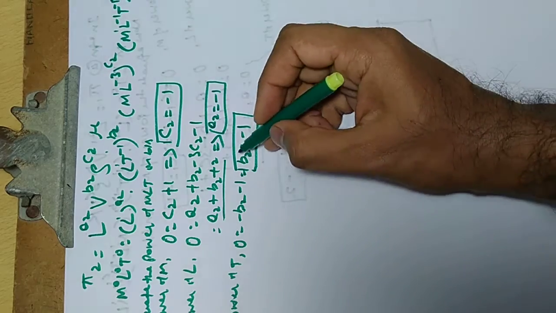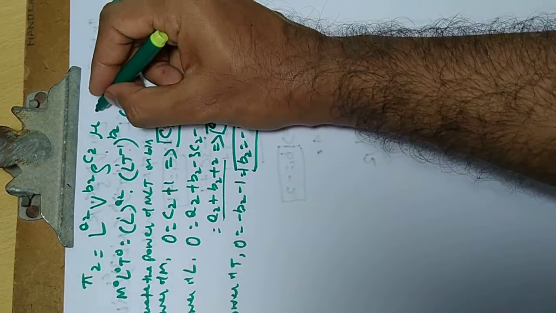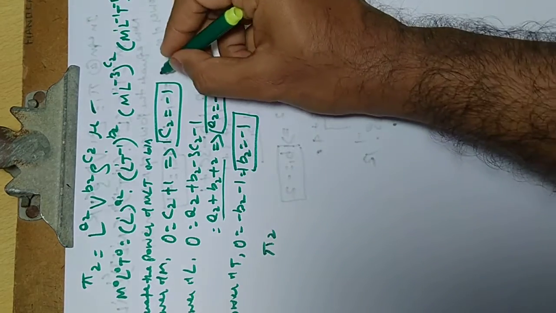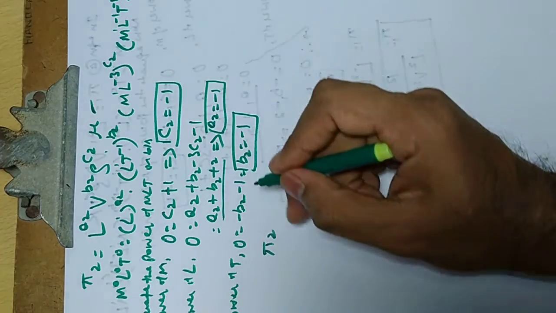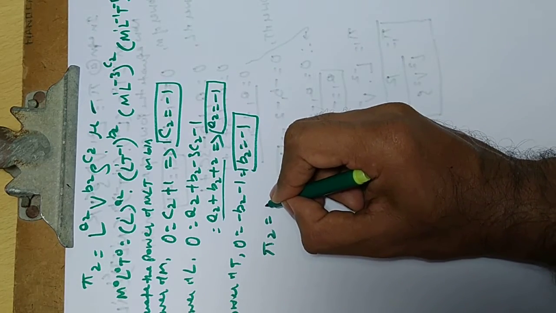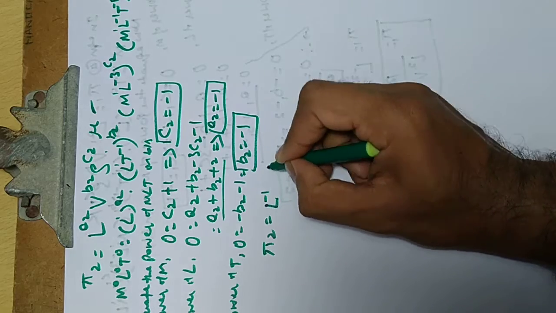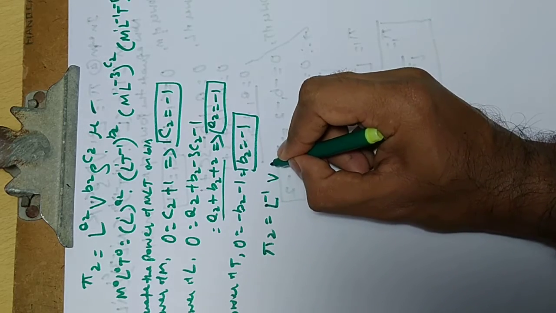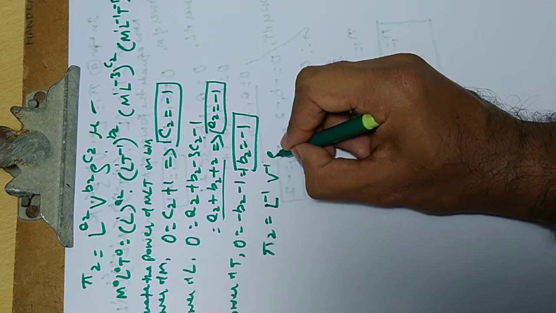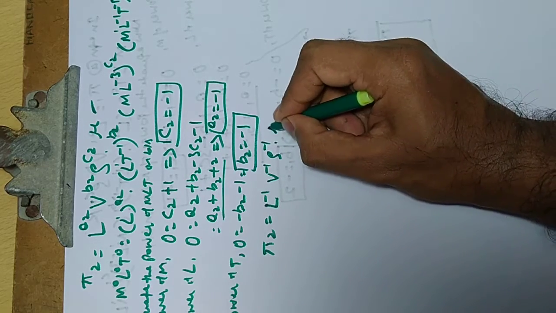Substitute a2, b2, c2 into this equation. Substitute all the terms. Pi 2 is equal to L to the power of a2, which is minus 1, V to the power of b2, which is minus 1, rho to the power of c2, which is minus 1, into mu.